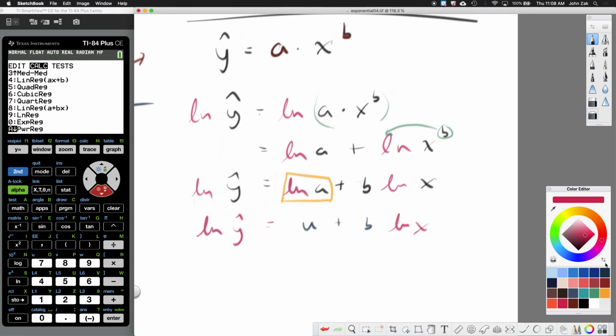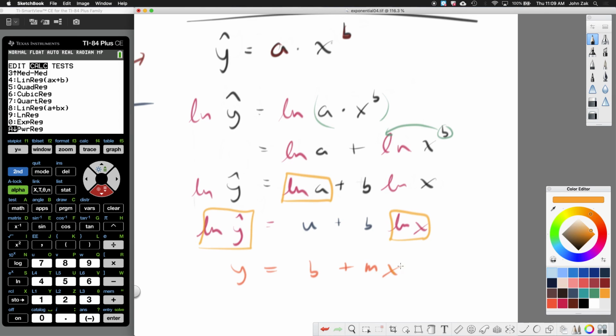Notice that this is just like a good old linear equation. Remember in Algebra 1 when you wrote down linear equations like y equals mx plus b, or like b plus mx? Well, we have the exact same form of an equation here, except instead of having just y, we have the natural log of y in a relationship with the natural log of x.